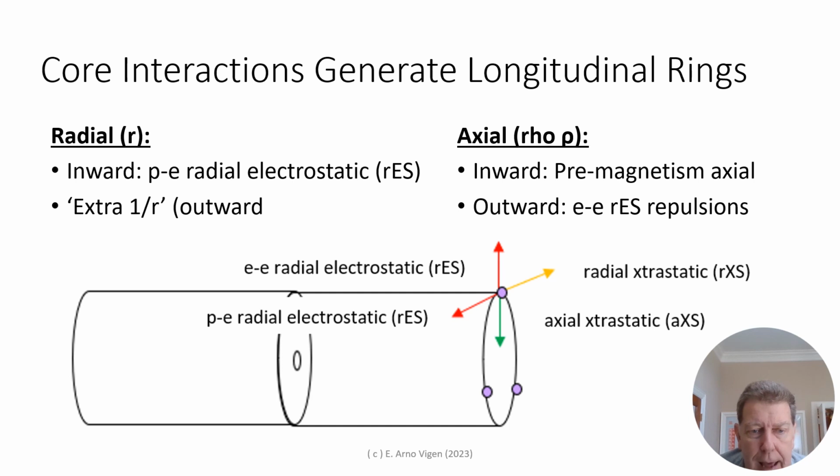And that means that it can bounce back and forth, because if it goes closer, the extra 1 over r pushes it back out. If it goes further away, that decreases faster, so you've got more radial electrostatic pulling it back. It is a natural sustaining balance there between the red and the yellow. Now, on the slide before, I showed you the natural balance between the red pushing along the axle and the axial force, green.